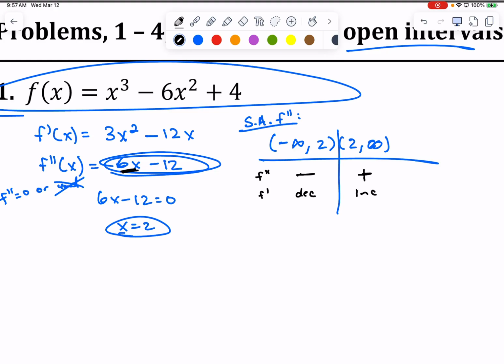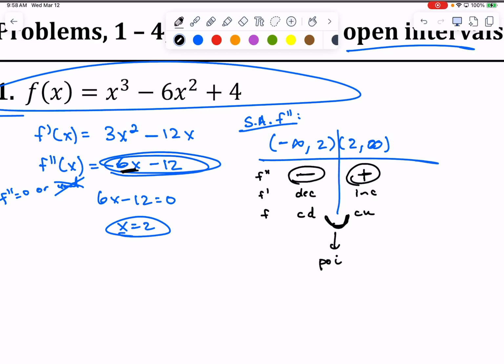And wherever the first derivative was increasing and decreasing is where the original function's concave up and concave down by definition. But we go to the second derivative to determine that. So all we're doing is saying where the second derivative is negative is where I'm concave what? Down for the original. And where the second derivative is positive, where I'm concave what? Up.